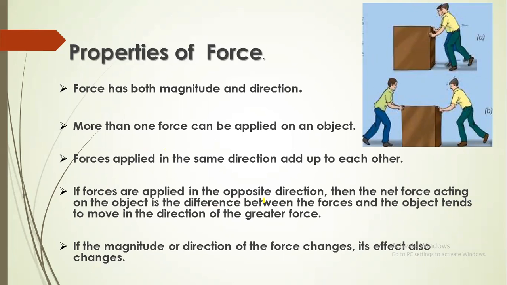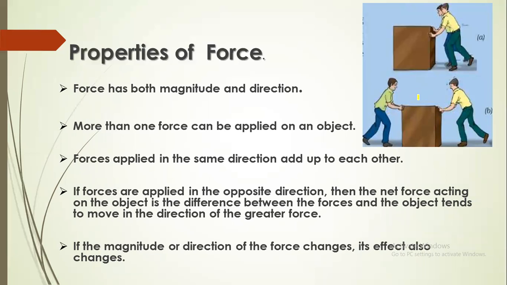If forces are applied in the opposite direction, then the net force acting on the object is the difference between the forces, and the object tends to move in the direction of the greater force. For simple understanding, we will see the second image. This boy pushes the object to the right side with a force of 20 Newton and the second boy pushes this object to the left side with a force of 10 Newton.